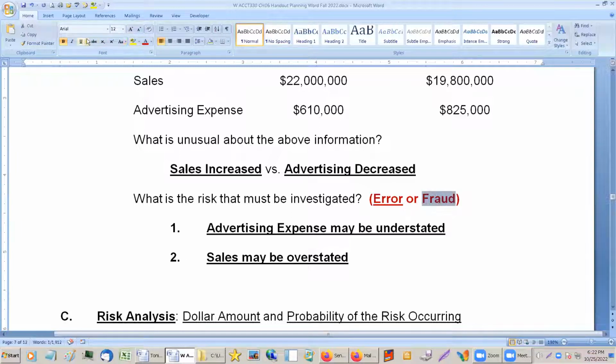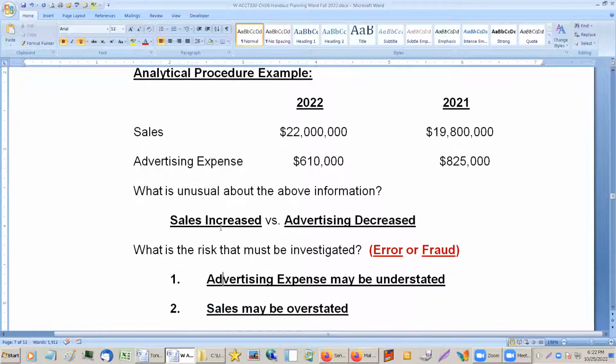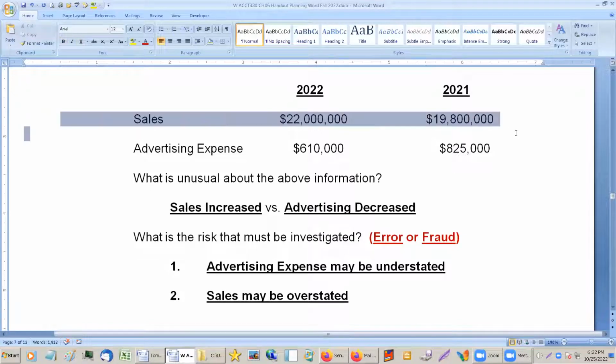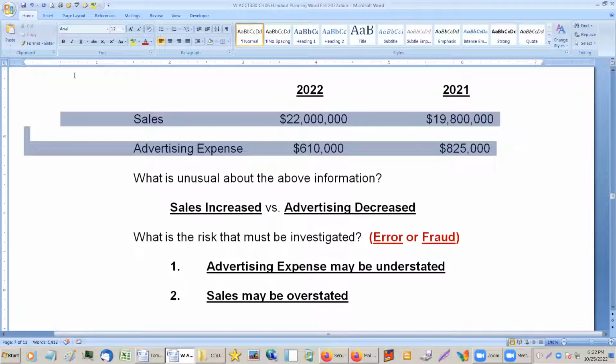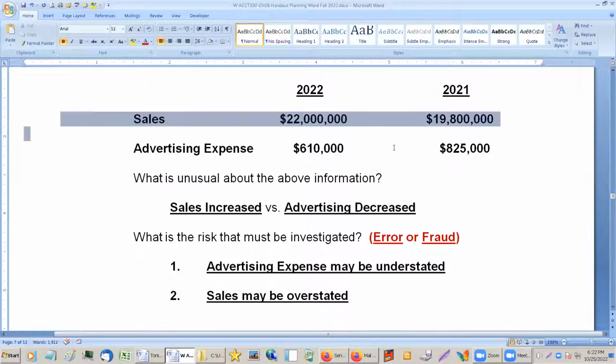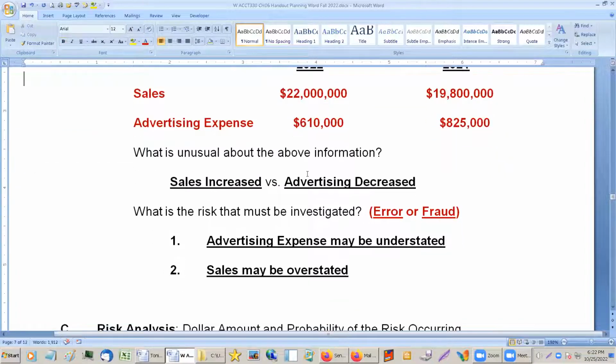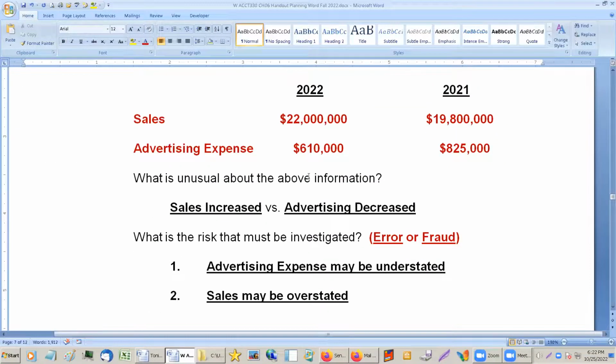Now, you'll notice something else about this though. Is this absolute evidence that these are misstated? Are you going to go in there and tell them these are completely misstated? Is this direct evidence that they are misstated?